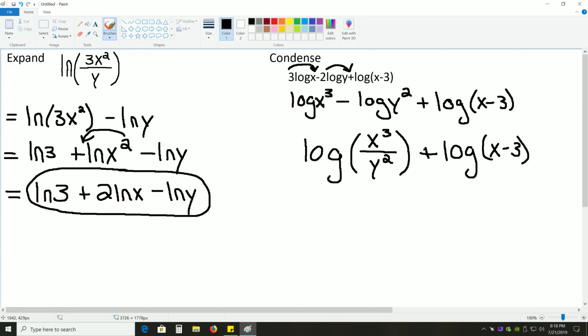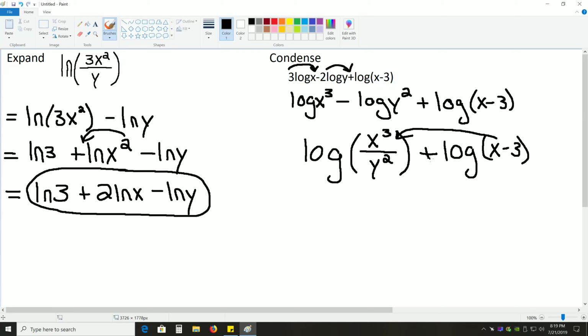Now, because we are adding these two logs together, we will multiply the insides. So you could go through and multiply x cubed over y squared times x minus 3 and create common fractions that can be multiplied straight across, but just always remember, if you are adding the logs together, this value will go in the numerator.